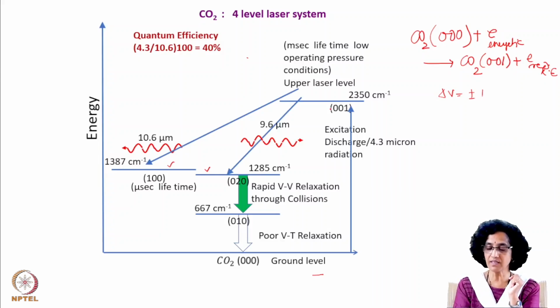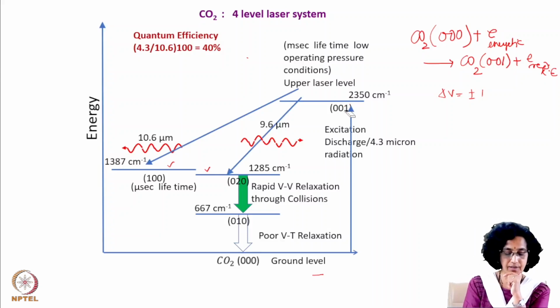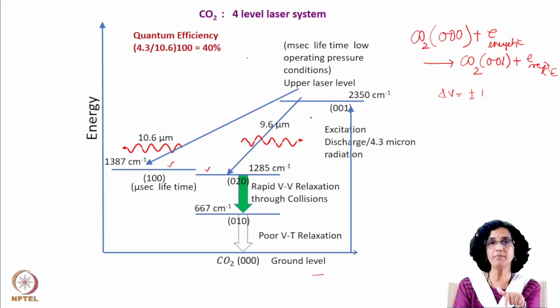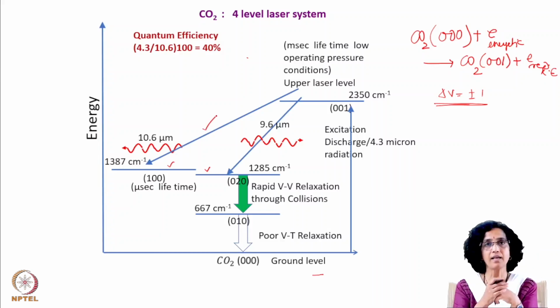So when we have 0, 0, 1, you have one quantum of asymmetric stretch, and here you have one quantum of symmetric stretch. So the delta V for symmetric stretch mode is plus 1, and the delta V for asymmetric stretch mode is minus 1. So it falls in this regime, and this is an allowed transition, and so this has a high cross section, and this is, as we know, an allowed vibrational transition.